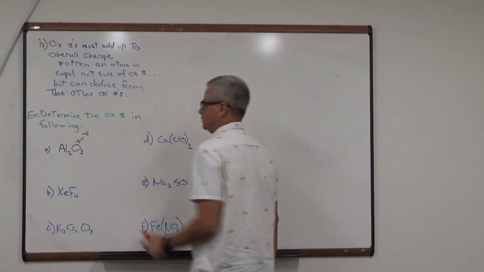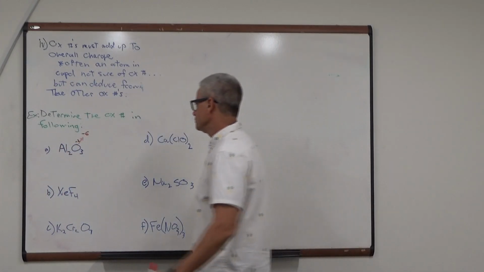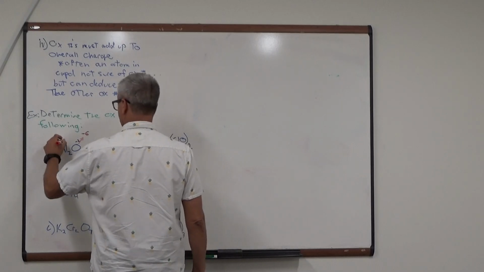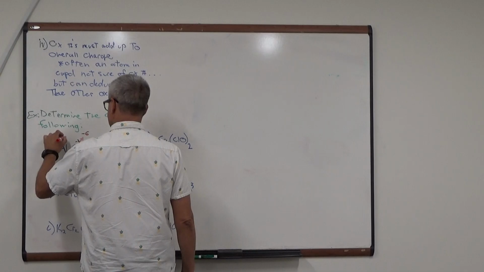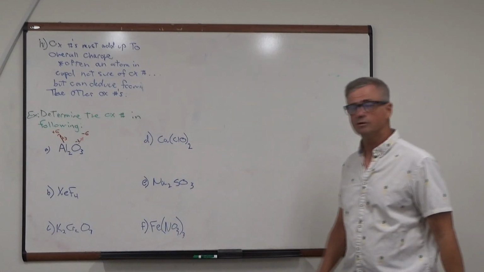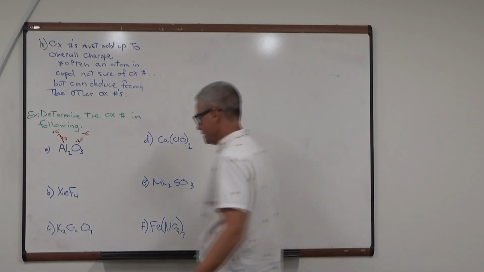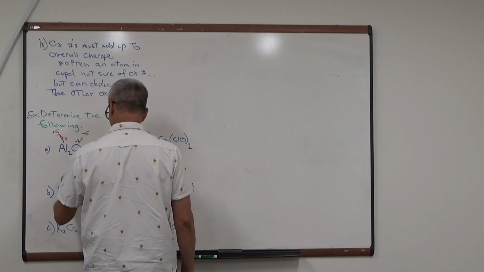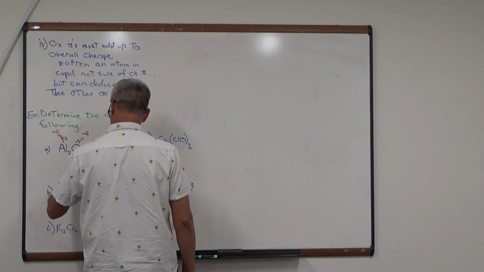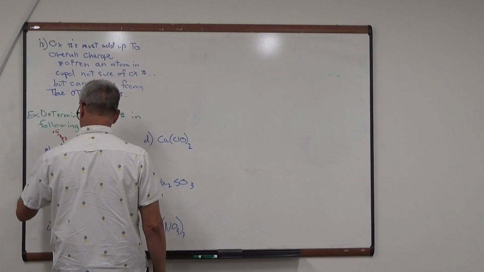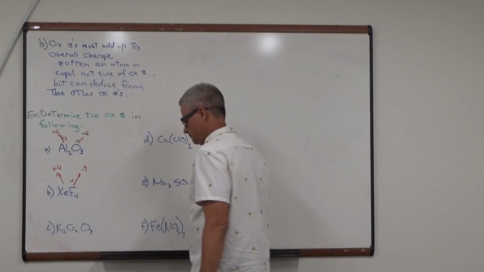It's an overall neutral compound, so this all has to add up to +6, so each of the aluminums must be +3. So oxidation number of +3 for the aluminum. Fluorine here, that was one of our rules: it's always -1. So -4 all over, so your xenon is +4.